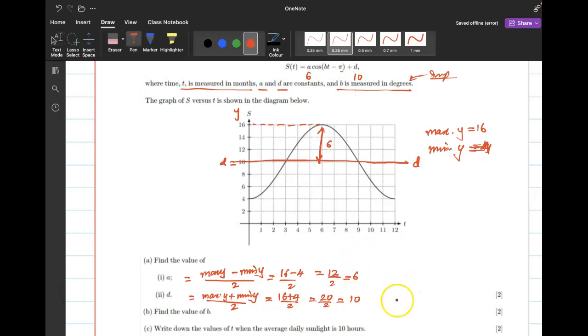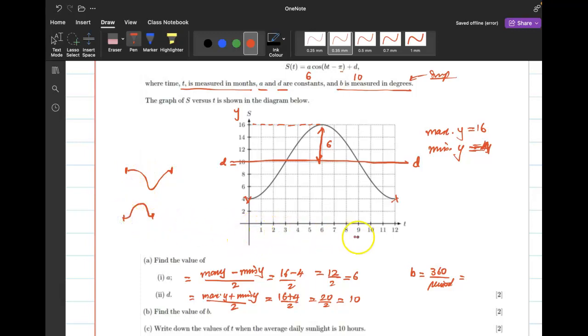The value of B, I'm writing it here, because B is equal to, if it's in degrees, you have to do 360 divided by the period of the graph. Now what exactly is the period? Period is one cycle. So if you take minimum to minimum, that is one cycle. Whenever you're looking at period, either you look at max to max, or you look from min to min.